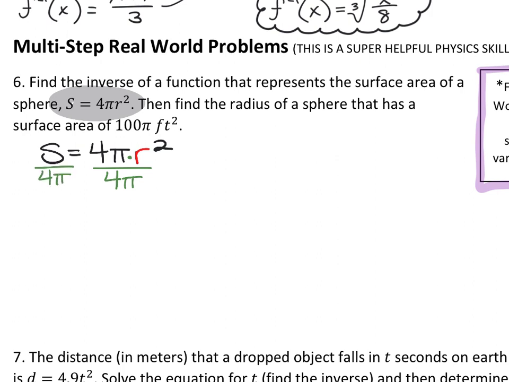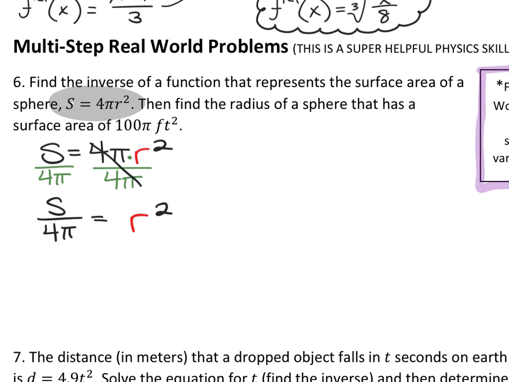so that our equation says S divided by 4 pi is equal to R squared. Now we're close to having this equation say R by itself. We're still doing inverse operations to find an inverse function. We just didn't switch the x and y again because it loses the quality of the letters.